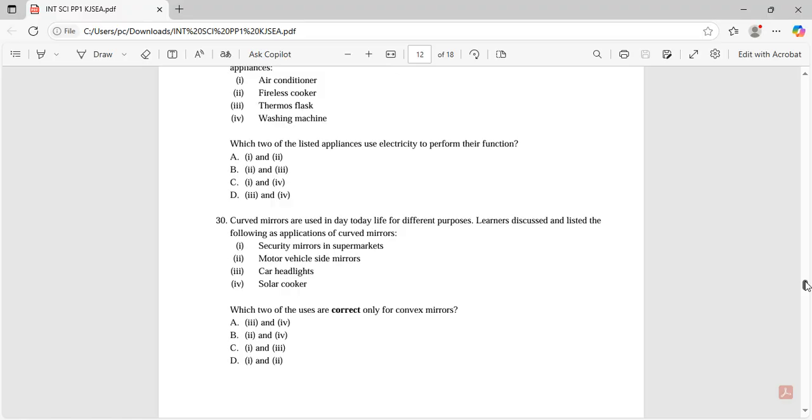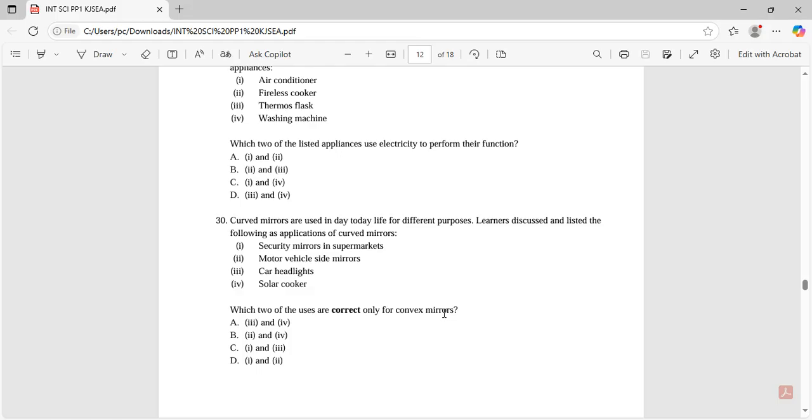Curved mirrors are used in day-to-day life. Learners listed the following as applications of curved mirrors: security mirrors in supermarkets, motor vehicle side mirrors, car headlights, solar cooker. Which two are the correct uses of convex mirrors? The convex mirrors are the ones that bulge outside.